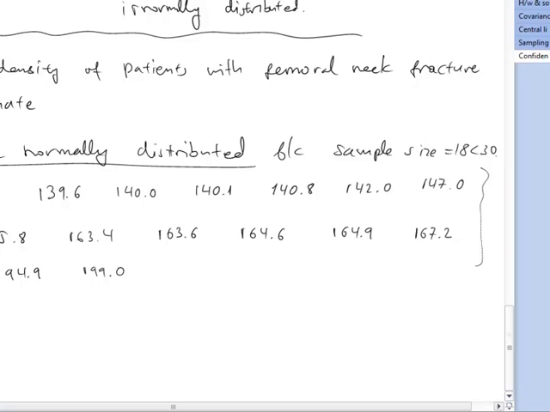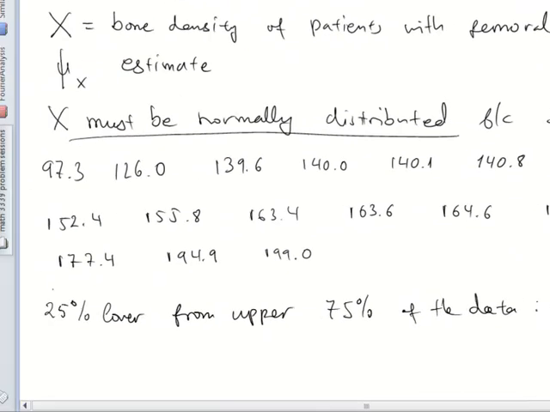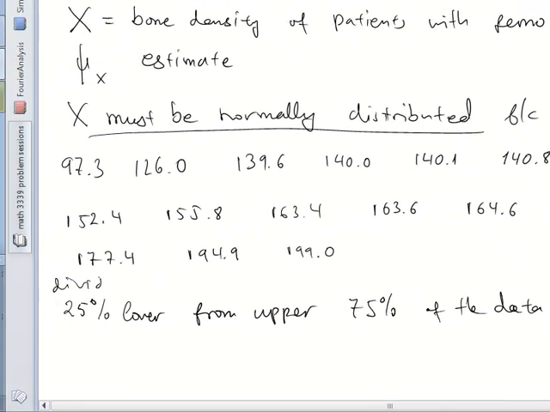The first quartile is the number which divides the lower 25% of the data from the upper 75% of the data. That's what the first quartile does.